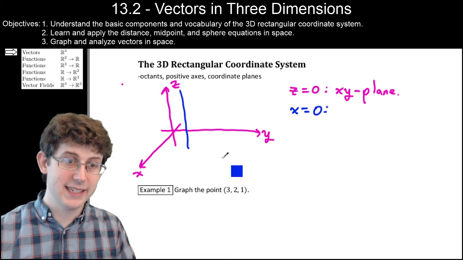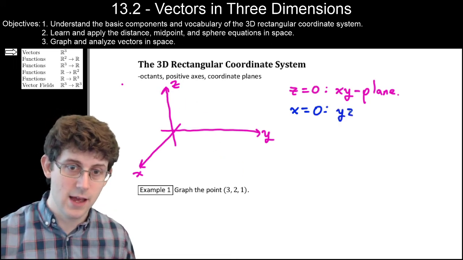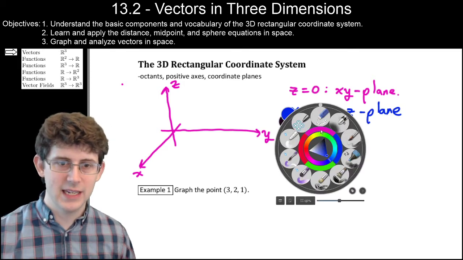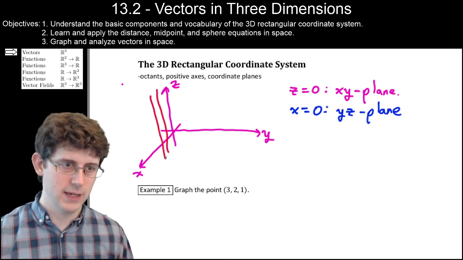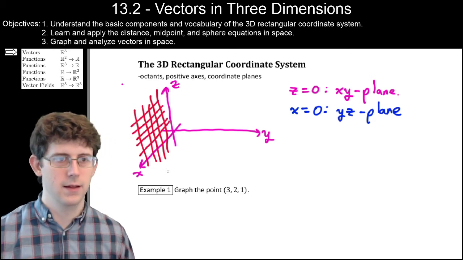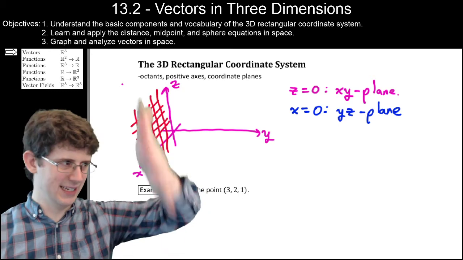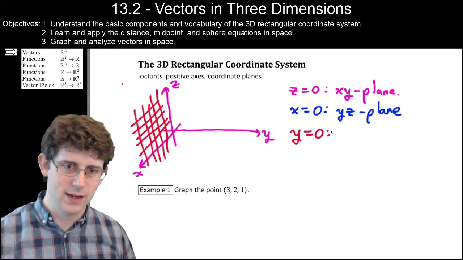Everything in there, because the y's and the z's might not be 0, is called the yz plane. And then the other one we can do is set y equals 0. Those would be things on this plane, where it's kind of a slice coming out at us. Those are the points where y equals 0, and that's the xz plane.